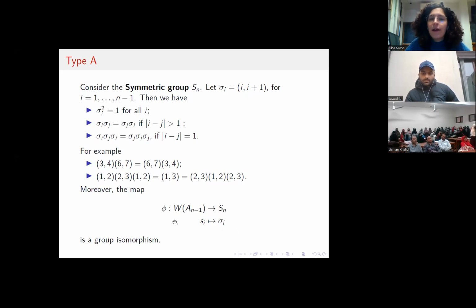And you can verify it, it is not that difficult. You can do that as an exercise. It's quite funny actually, and you can see that when we talk about Coxeter system or Coxeter group of type A, we are actually dealing with the symmetric group.